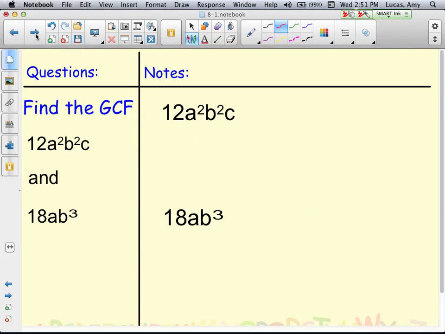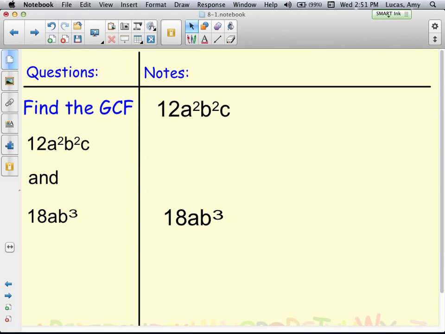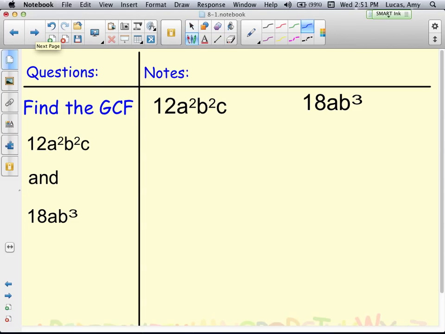Our next example says to find the GCF. So to find the GCF, I'm going to factor each of these. So 12 was 4 times 3, or 2 times 2 times 3.